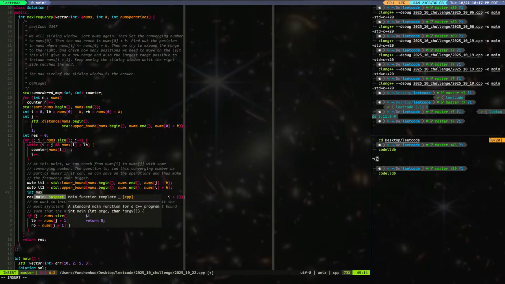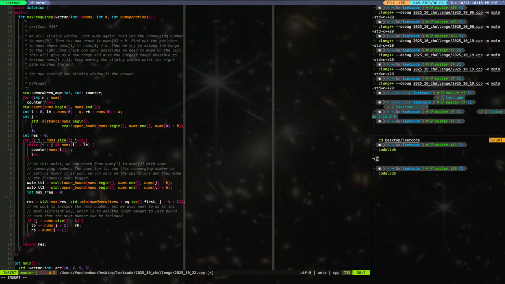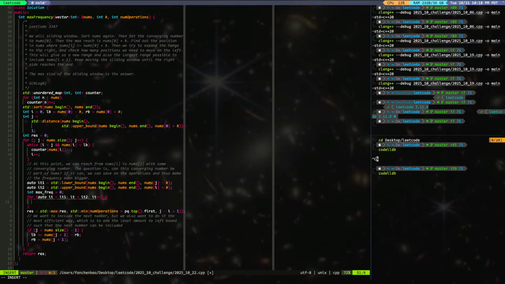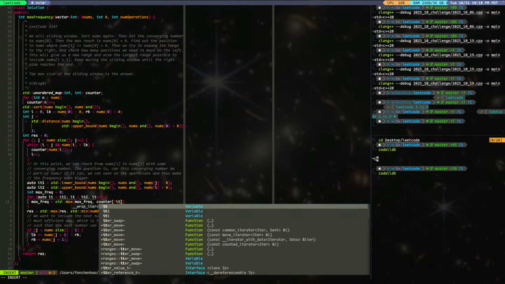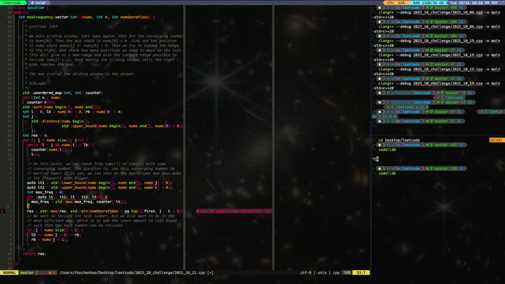So we can say int max_frequency, and then we say for auto it equal to it1, it smaller than it2, it plus plus, max_frequency shall equal to max of max_frequency and counter[it].